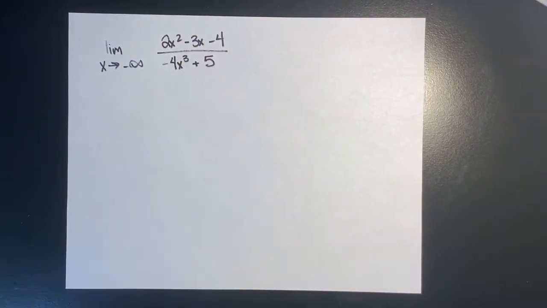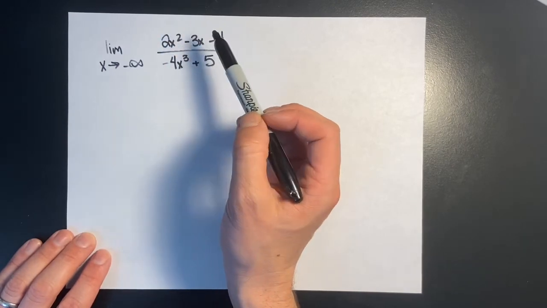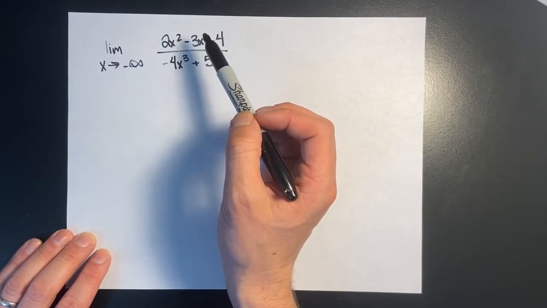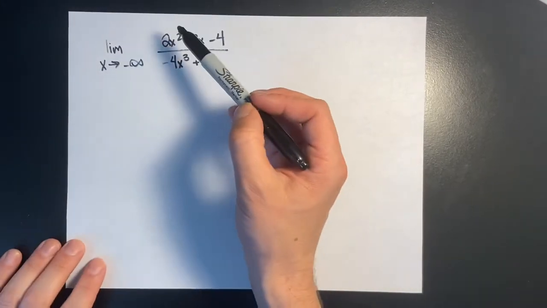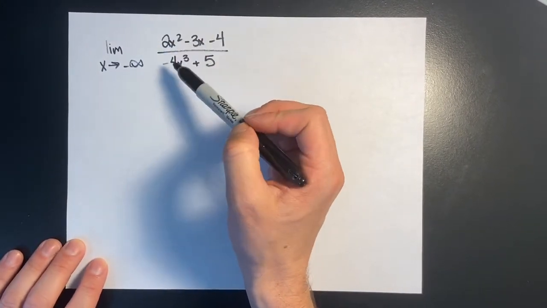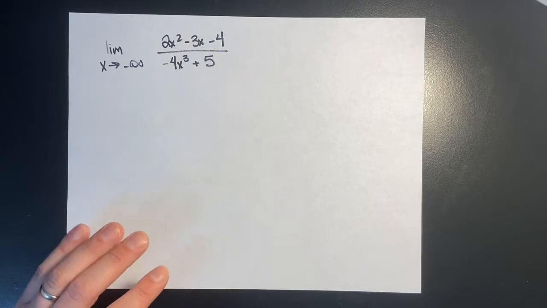So the problem with this is if I were to plug in negative infinity right now, I would get negative infinity over negative infinity or negative infinity over positive infinity. Either way, I would have a really big number over a really big number, whether it's positive or negative, doesn't even matter. According to the last slide, it could be any of the infinities over any of the infinities.